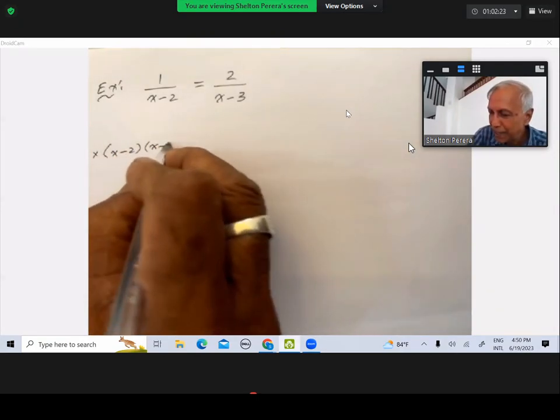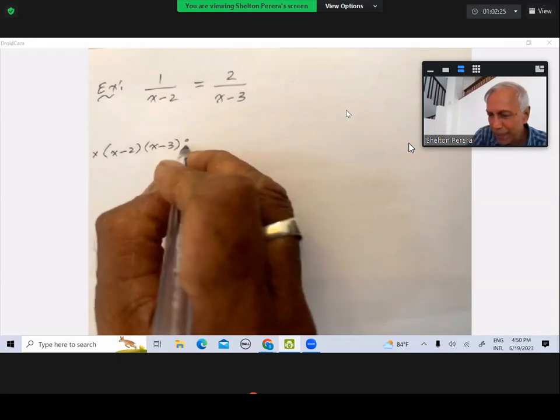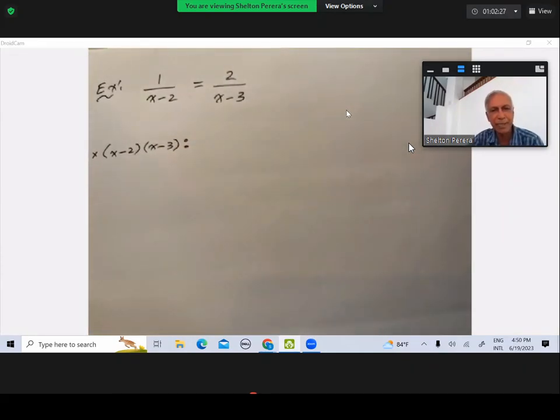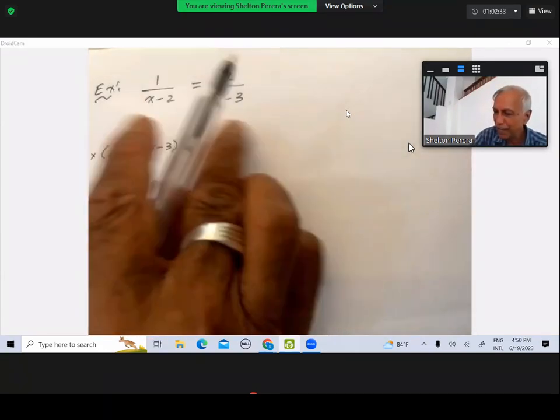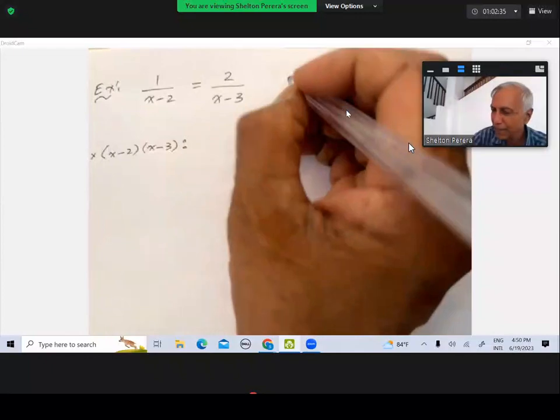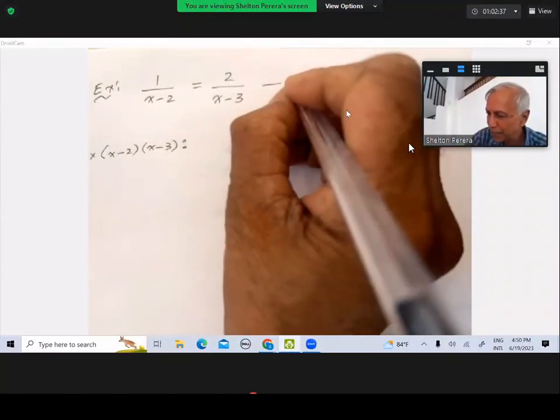times x minus 3. Now, this is not as easy as we think. When you multiply out, what will happen? Let us call this equation 1.